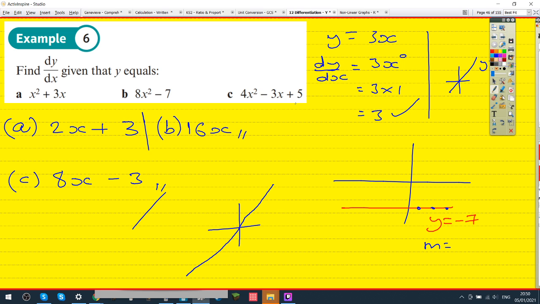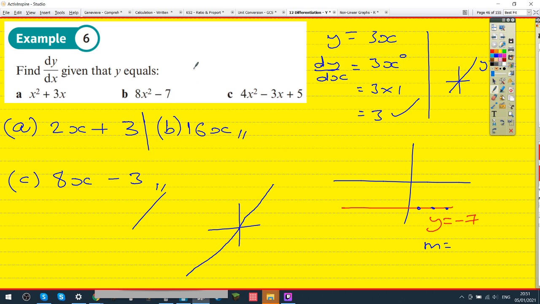Is it 16x, the answer for B? Yes. What happened to minus 7?